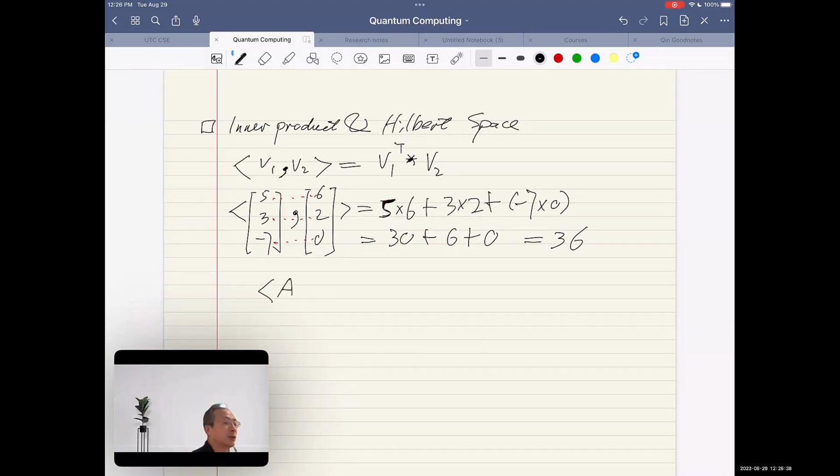For the complex matrices A and B, instead of the transpose, we now need to do the conjugate transpose.